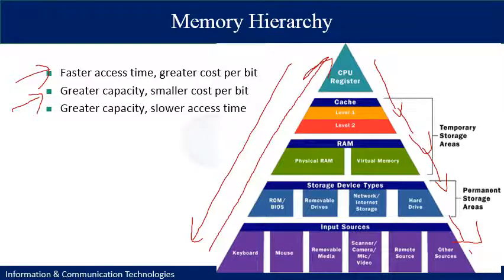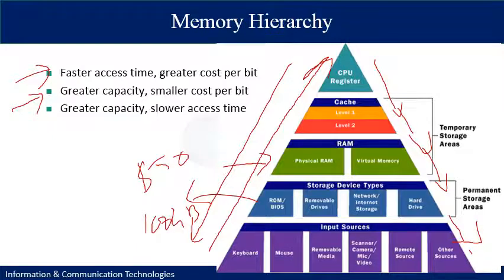Secondly, the greater the capacity you have, the smaller the cost per bit. For example, you have a 4 GB RAM and let's assume the cost of the 4 GB RAM is about $50. For the same amount you can purchase a storage device of maybe about 100 GB.